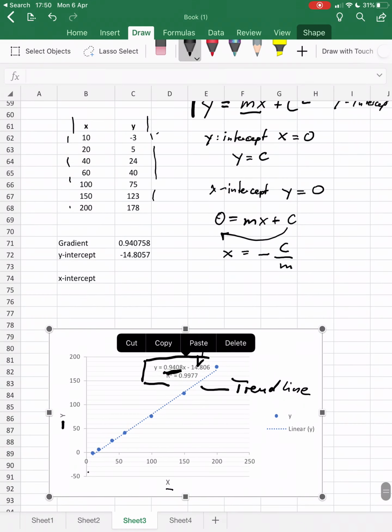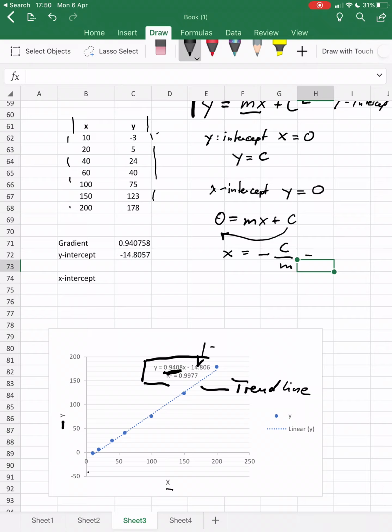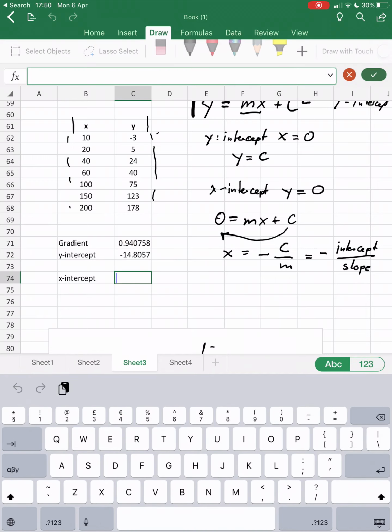Or we can also say equals negative intercept function divided by the slope function. And since we've done that here already, all we need to do is say equals negative y-intercept divided by the slope that we have.